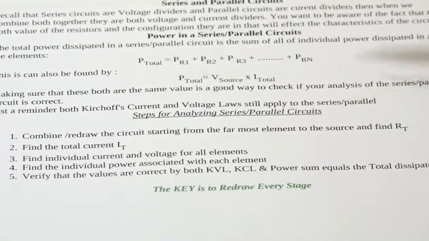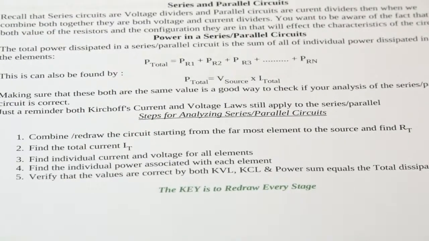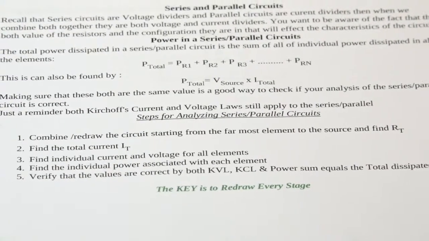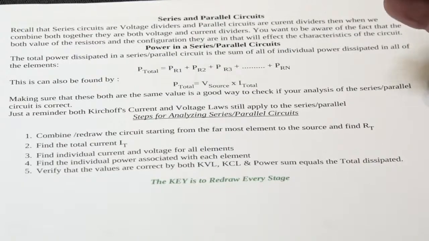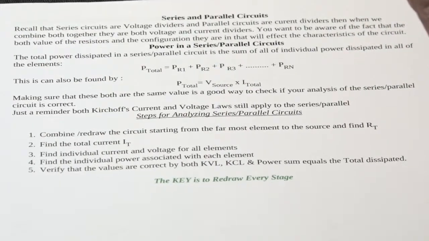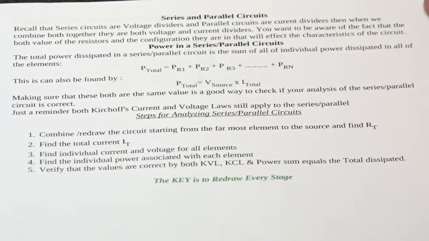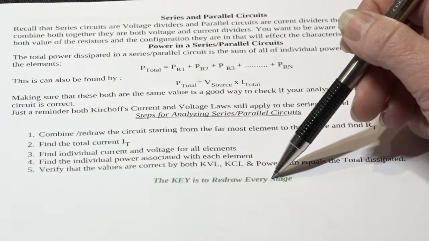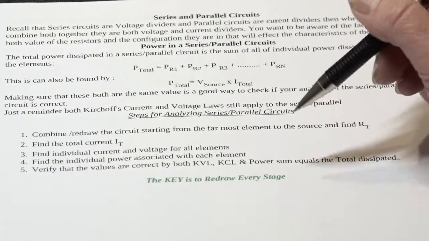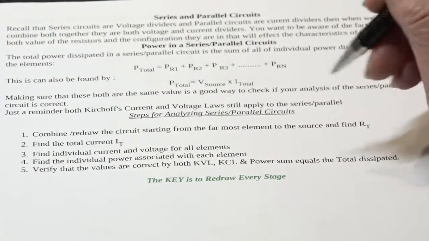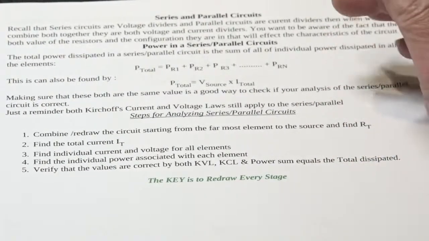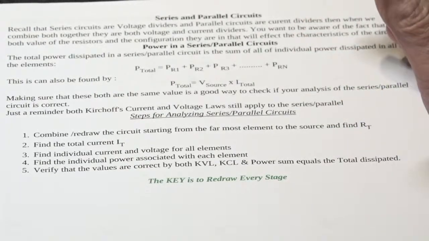Now, the one thing you have to make sure is that when you do your combinations, you need to take all of your resistors and simply end up with either a series circuit or a simple parallel circuit when you start analyzing it. Now, the key is redrawing at every single stage. Don't think you're going to remember how you got from stage 1 to stage 2. It's kind of like going into a cave.